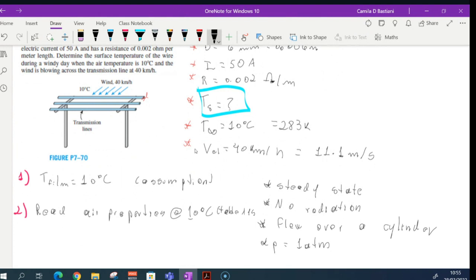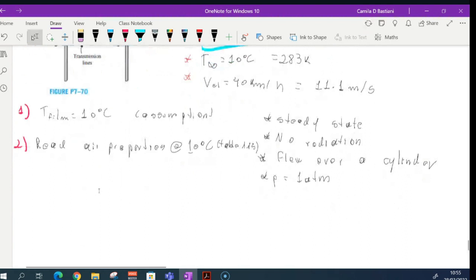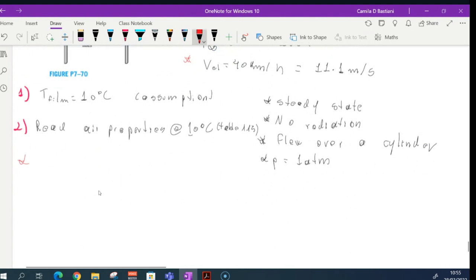Table A15. I'm going to read the same properties I read before and add the density as well. You don't have to read those properties at the very beginning. You can read them as you go, as you need them.